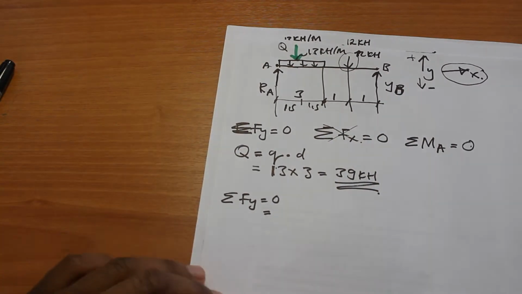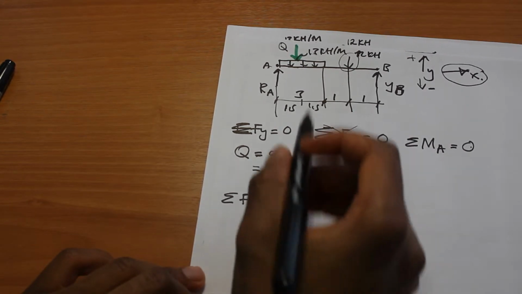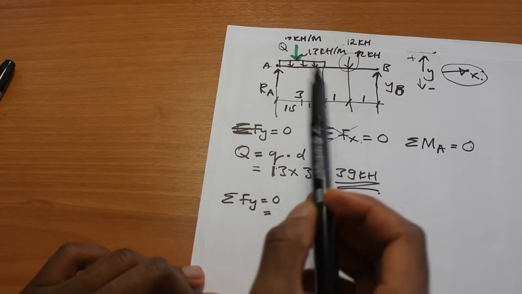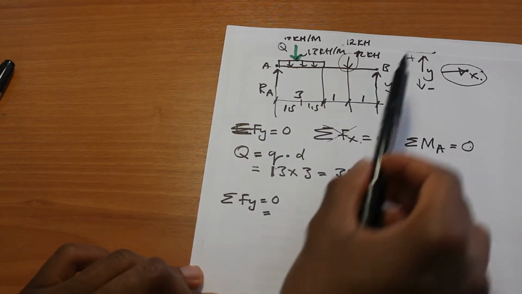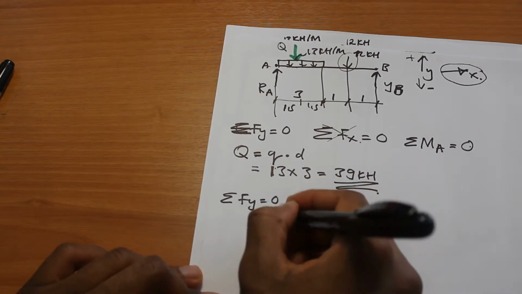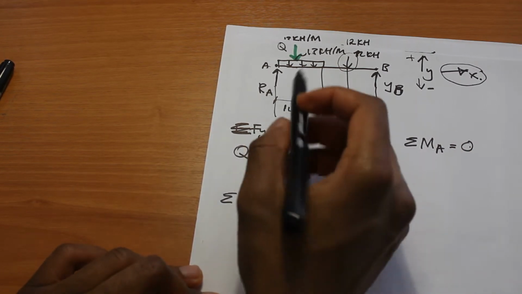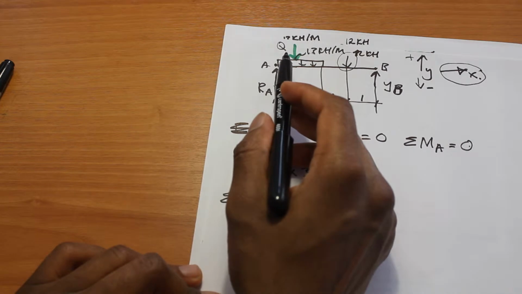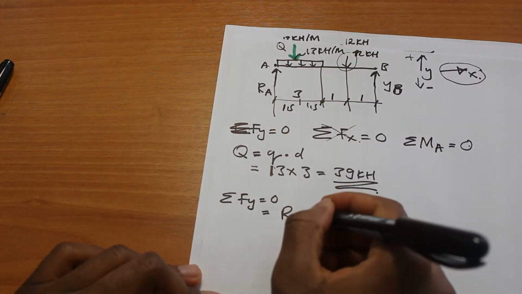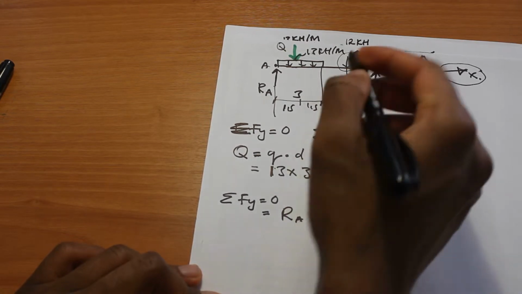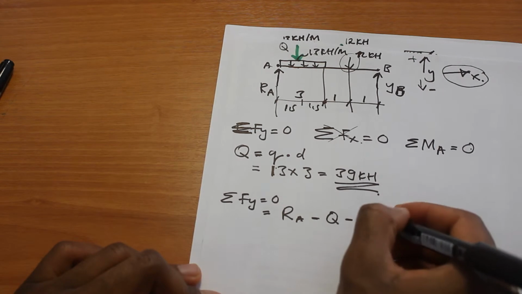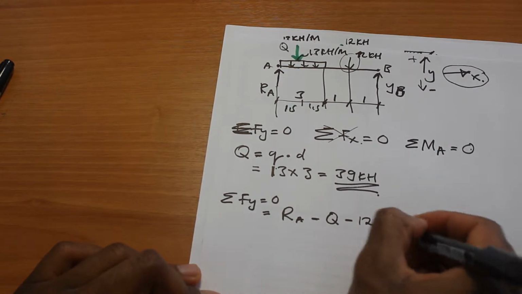So the sum of the forces, I'll look at this force RA. It is moving along the positive direction of my y-axis, so I take it as RA with a positive sign. And then my Q here is moving in the negative direction, so it will be minus Q, minus this 12 that I have and plus YB.